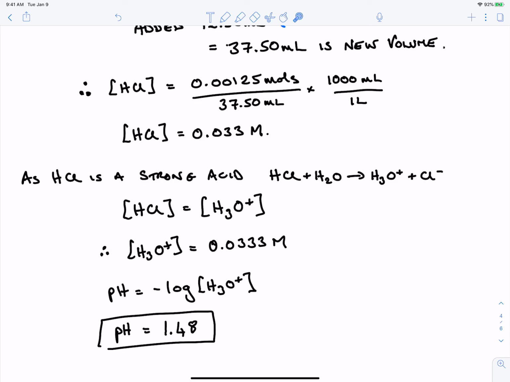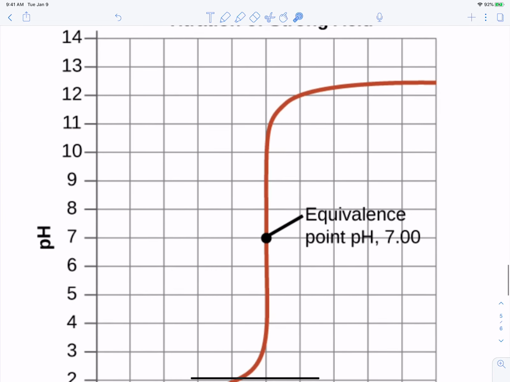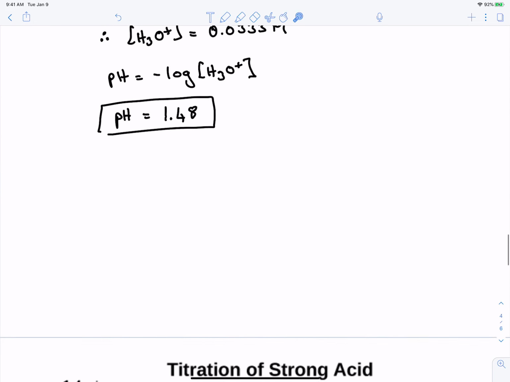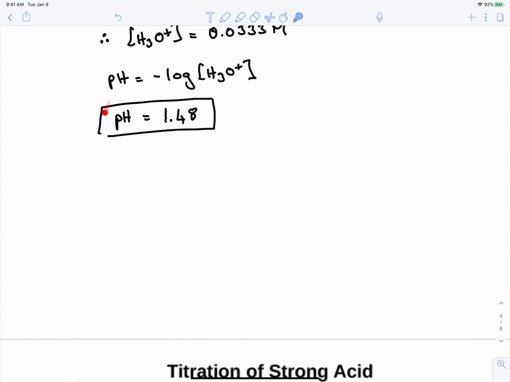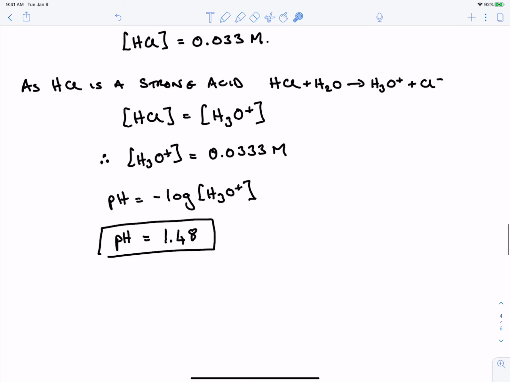And so we had to take into account the volume. If we look at this plot, we added 12.5 millilitres of sodium hydroxide, and indeed the pH is about 1.5, or in this case, because we calculated it, 1.48. And so this is an alternate way of going about this particular problem.